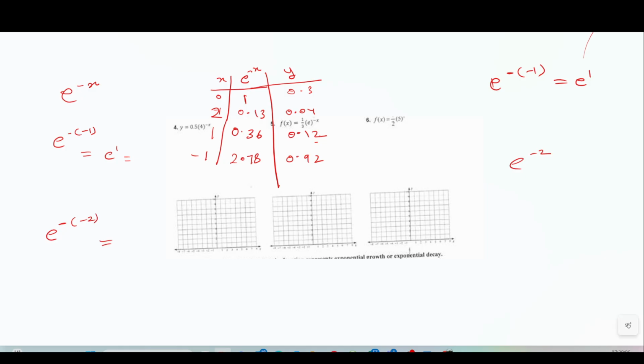Negative 2 means e to the power positive 2. If you search e to the power negative 2 value and put it here, that would be wrong. So first you need to check with your function. If you are putting negative 2, but the function already has a negative sign, you get a positive 2. Are you getting it?